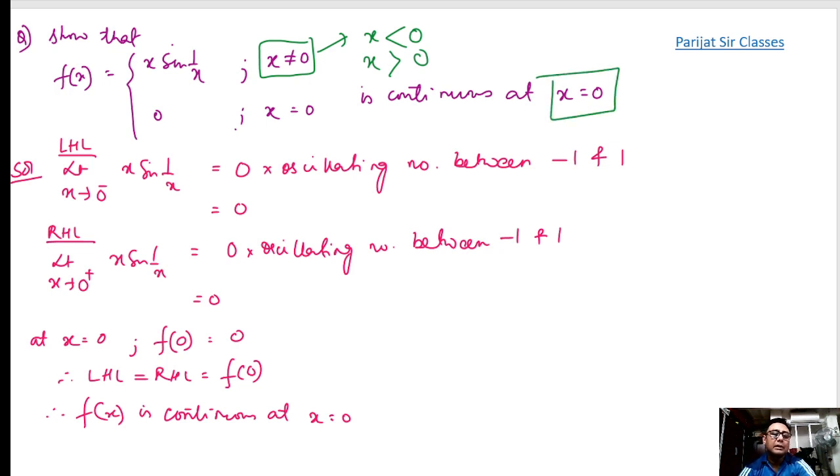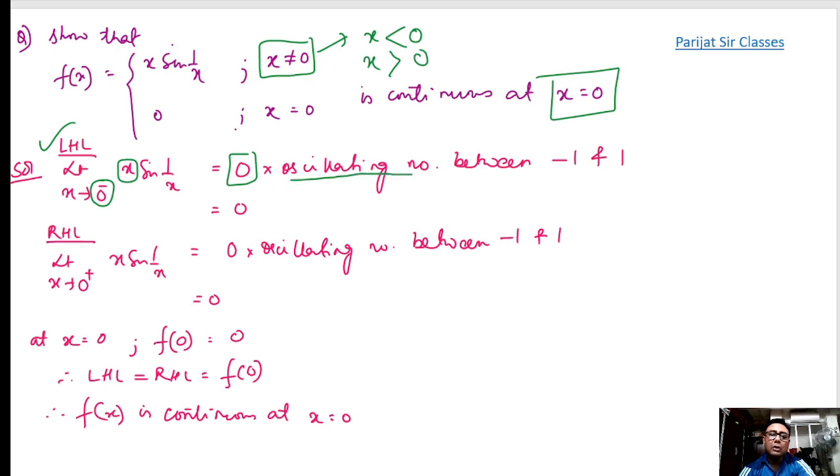So let's see. Left hand limit. So x tends to 0 minus, a little bit less than 0, so x sin(1/x). If I put 0 in place of x, it's 0 into sin(1/x).